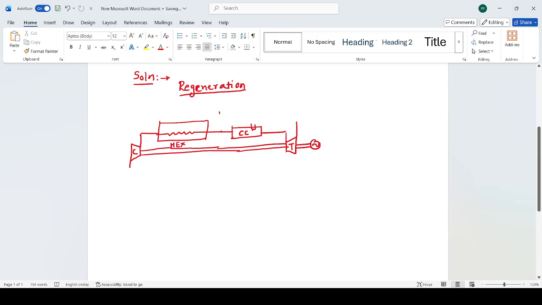The exhaust gases coming out of the turbine, before they are left to the surroundings, will be admitted into this heat exchanger and then left to the atmosphere.